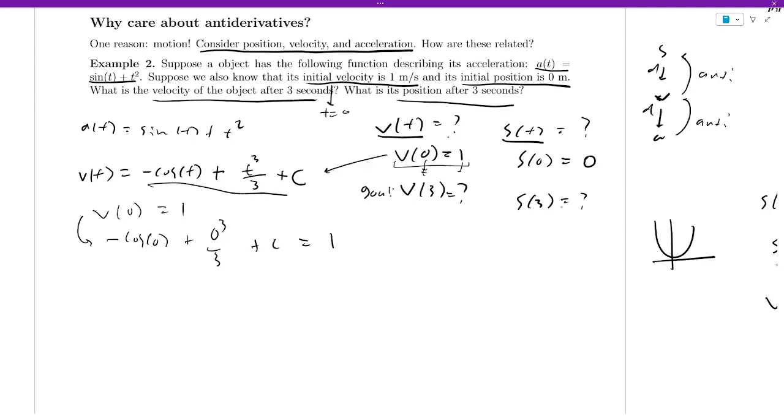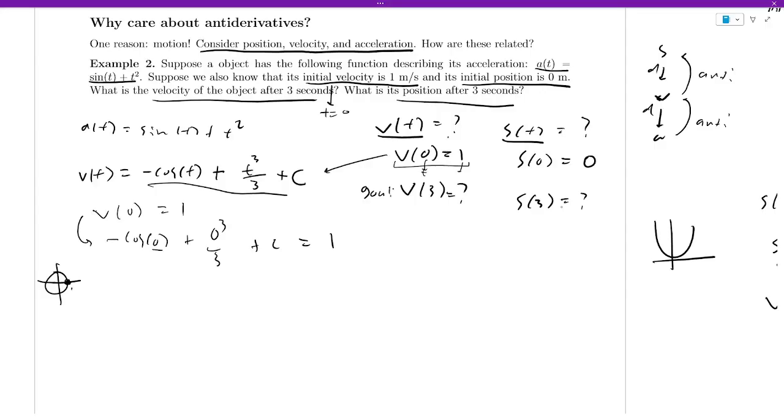I have to remember what cosine of 0 is. Just a quick reminder, cosine and sine are telling you about the x and y coordinates on your unit circle. So when my angle is 0, I'm right here, right? And cosine is the x coordinate. So the x coordinate is 1 right there.